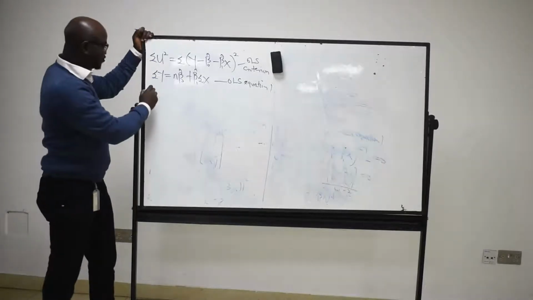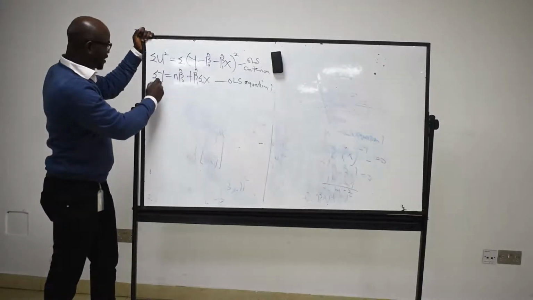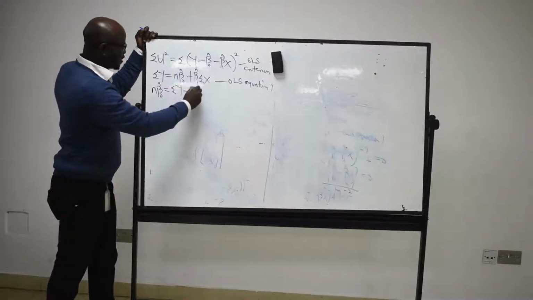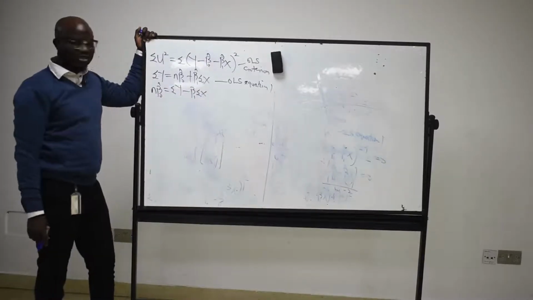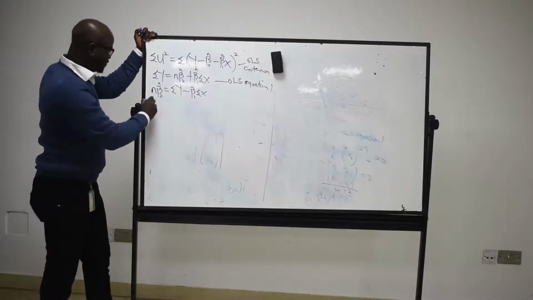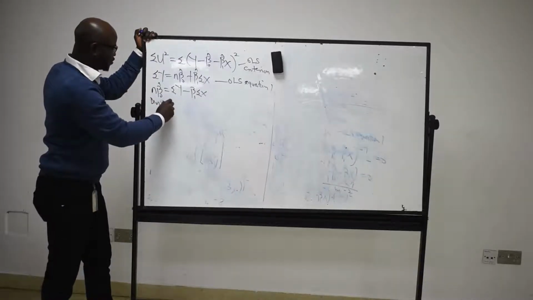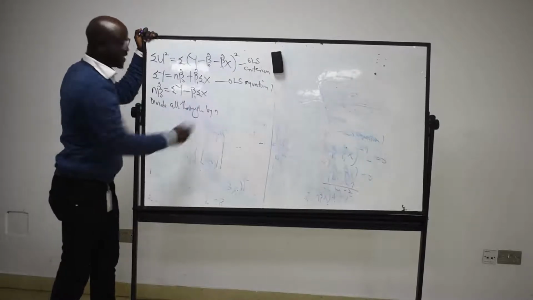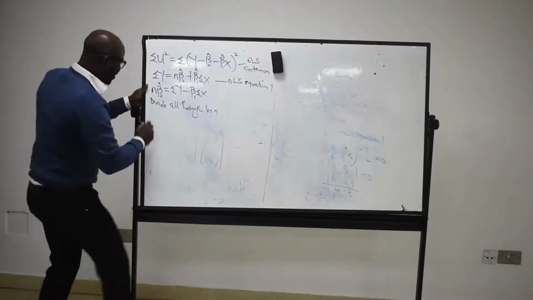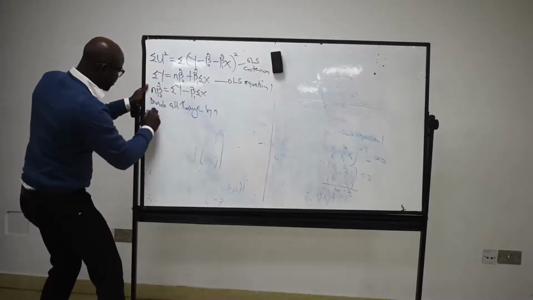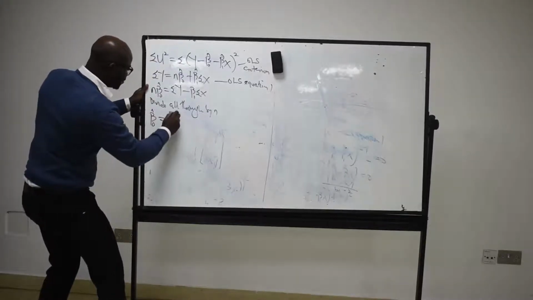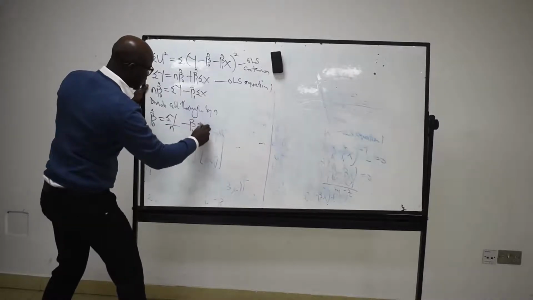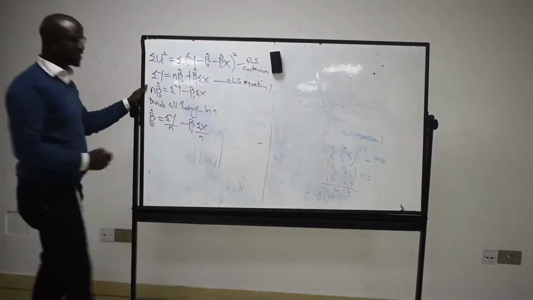So I can rewrite this as n beta naught cap is equal to summation y minus beta 1 summation x. Just divide all through by n. So by dividing all through by n, we have beta naught cap is equal to summation y over n minus beta 1 summation x over n.